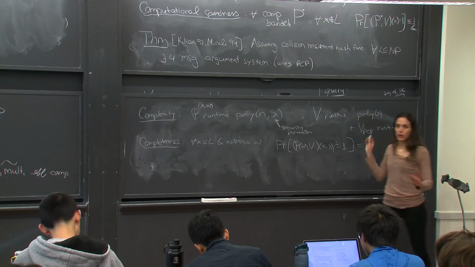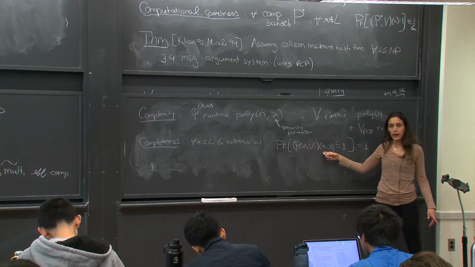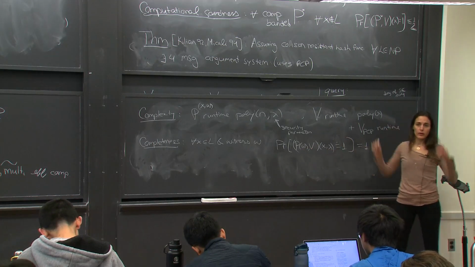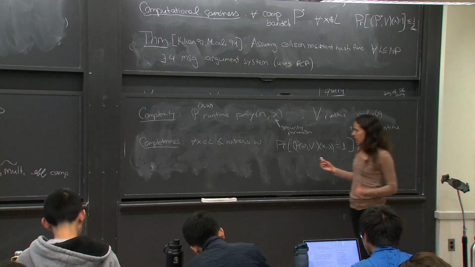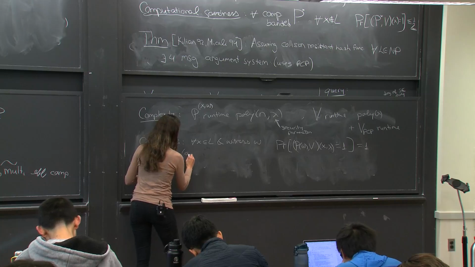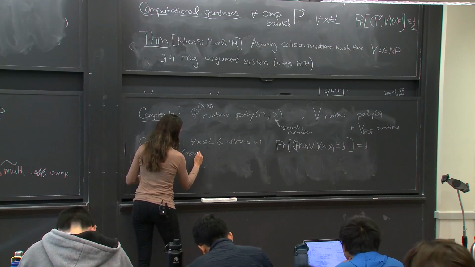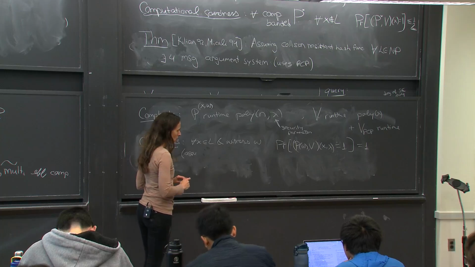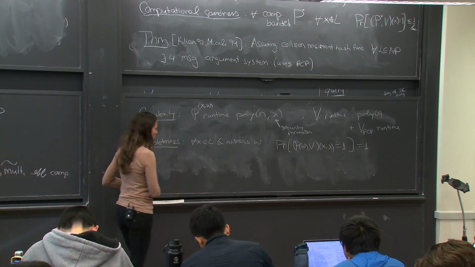So the verifier always accepts if you're honest. If the prover is honest, he has a witness corresponding to X. With any security parameter, he accepts. No ifs and buts.